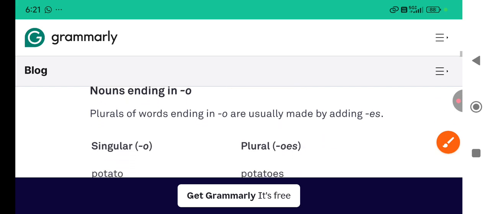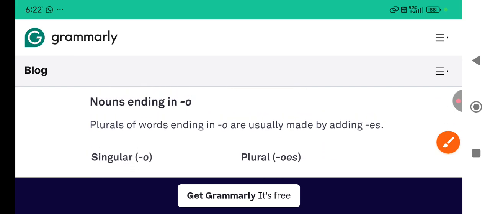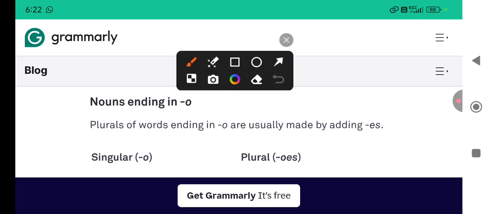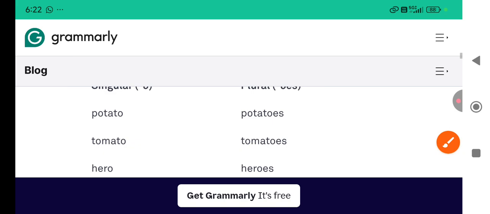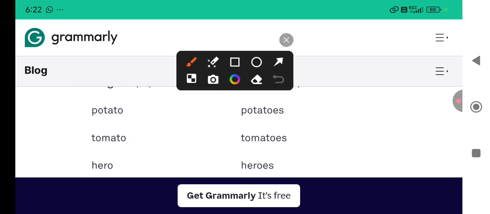Now, nouns ending with O. When a noun ends with O, what to do? For example, potato, tomato, hero.